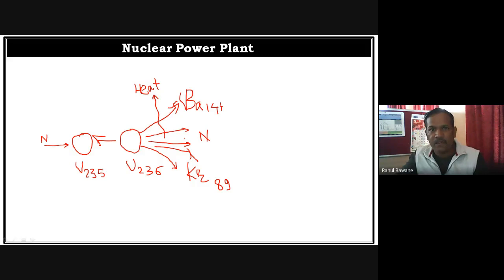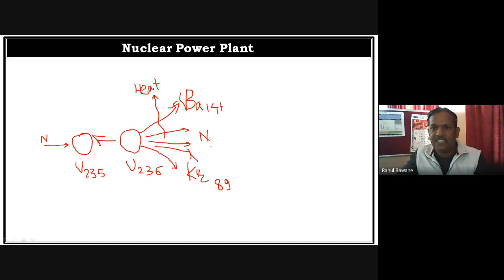But for power generation, we have to control this. So we normally control the emitted neutrons. In a reactor itself, we use some absorbing material. So what does that absorbing material absorb?